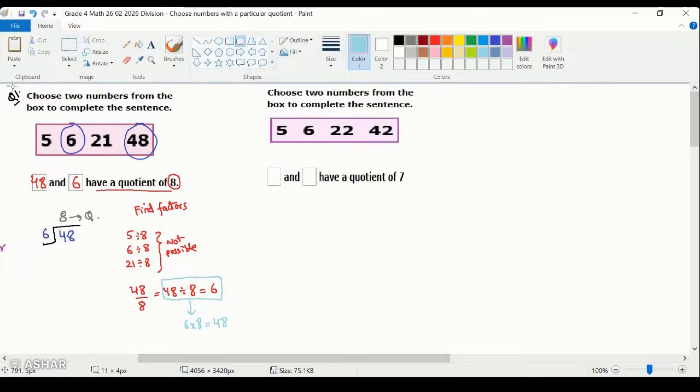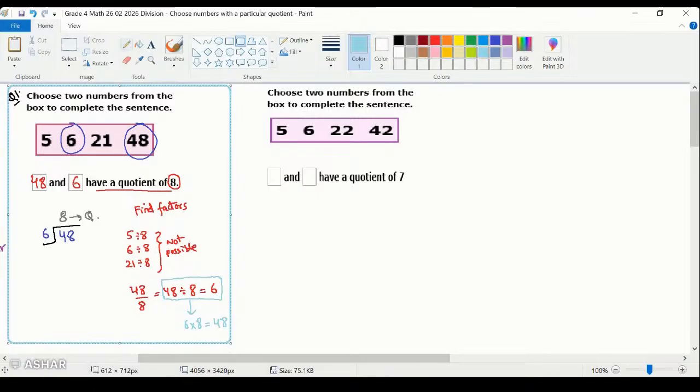First thing first, we need to find those two numbers which are the factors, right?